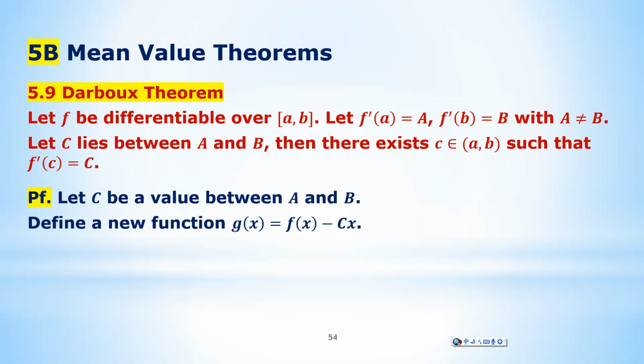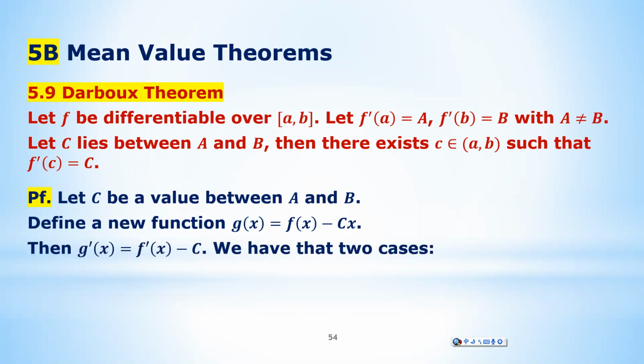Therefore, the g function carries the same differentiability property as the little f(x). Then I can take the derivative: g prime x should equal f prime x minus C, because the derivative of Cx is just the constant C. Okay, so that's our starting point.